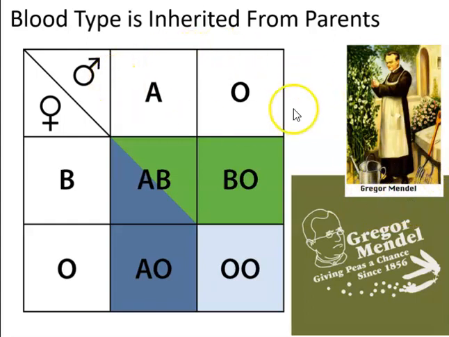So here we see the genotypes of both parents. Mom is type A, but she has the genotype AO, and dad is type B, but he has the genotype BO.